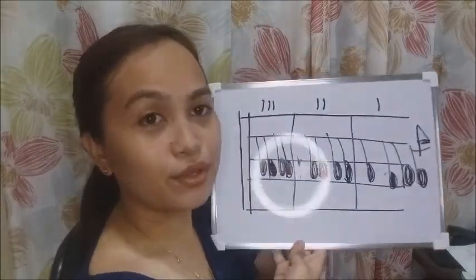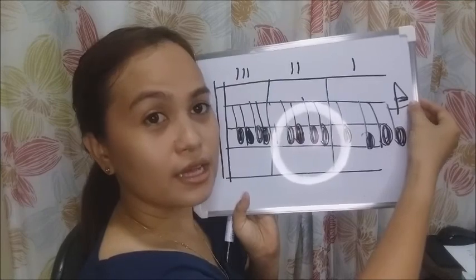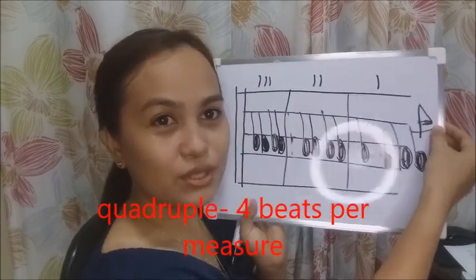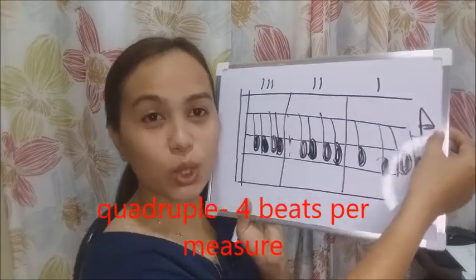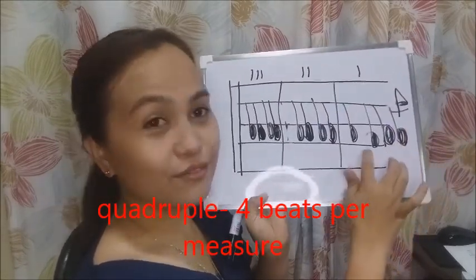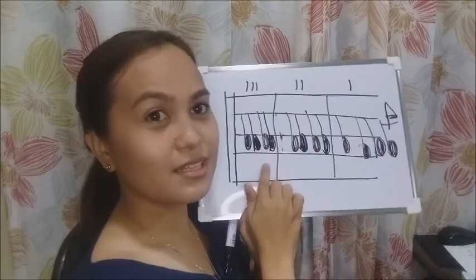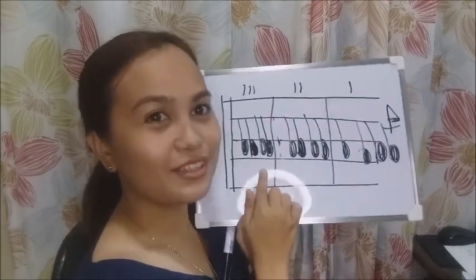That is an example of triple meter. And lastly, we have 4, the quadruple meter. Quad means 4, or quarter, from the word quarter. 1, 2, 3, 4. This is an example of quadruple meter.